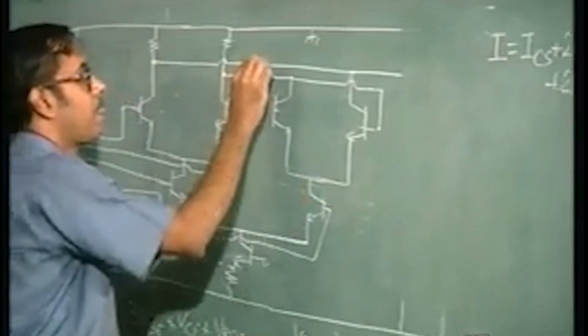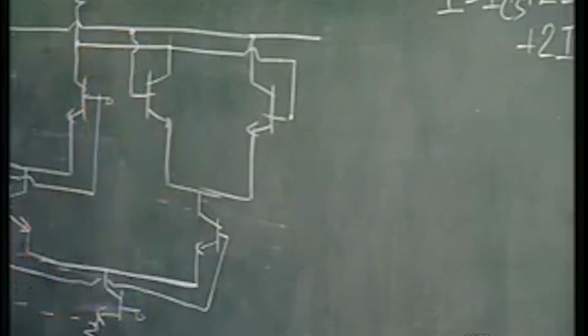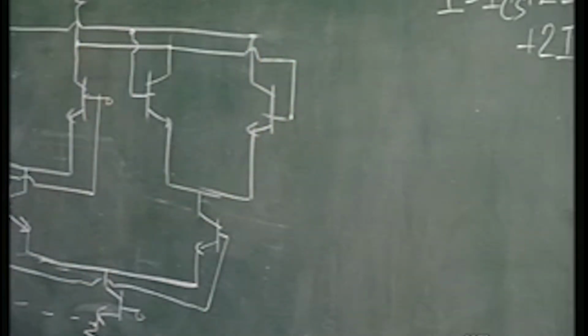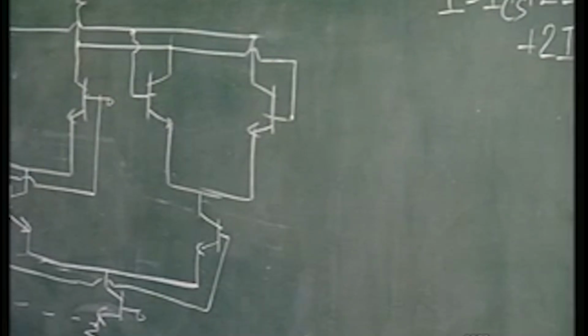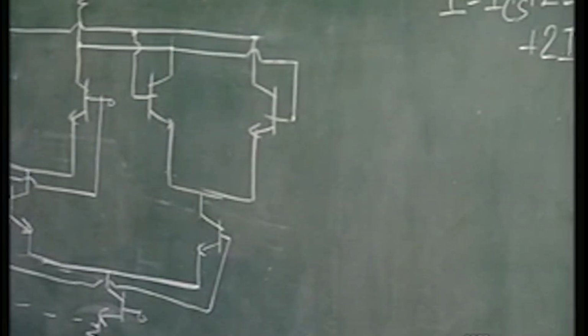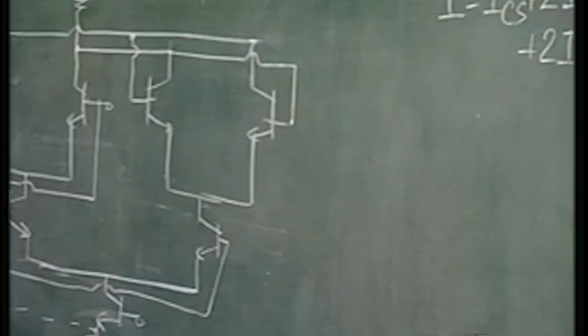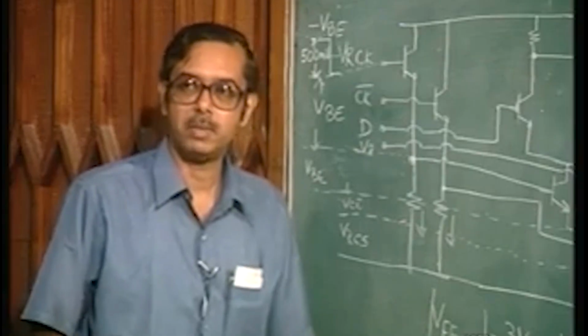and here goes in directly here. Okay. So, you have removed the emitter follower. All right, the emitter follower has been removed, which means what?